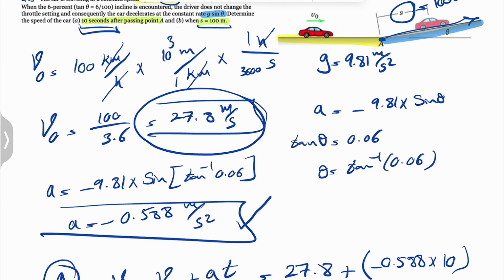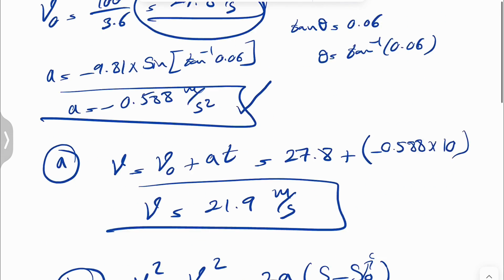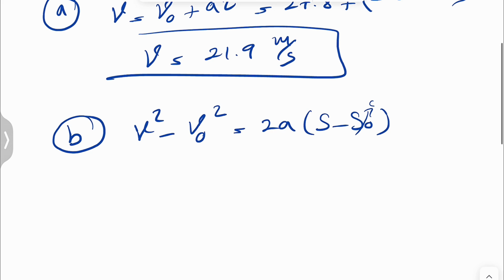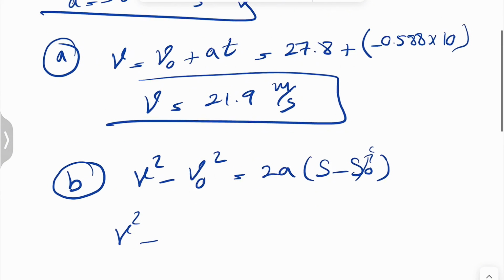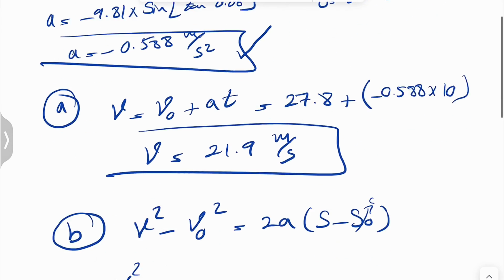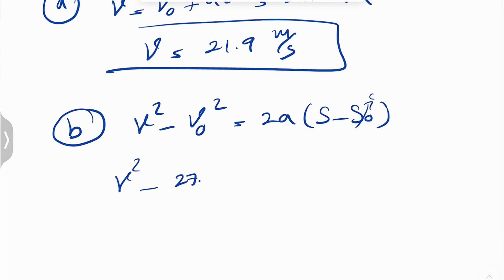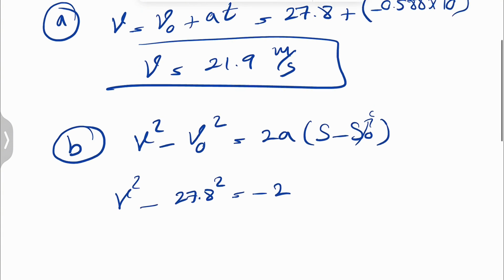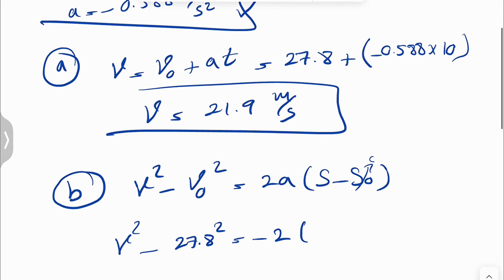So that's going to be our direction, and this is our 0. So our s is 100. Velocity at the end is what we are trying to figure out. Initial velocity was 27.8, and then minus 2 times the acceleration, 0.588, times 100.